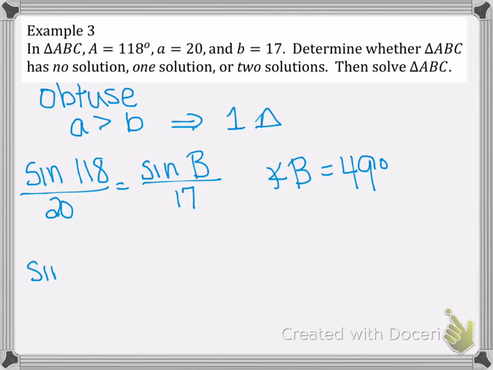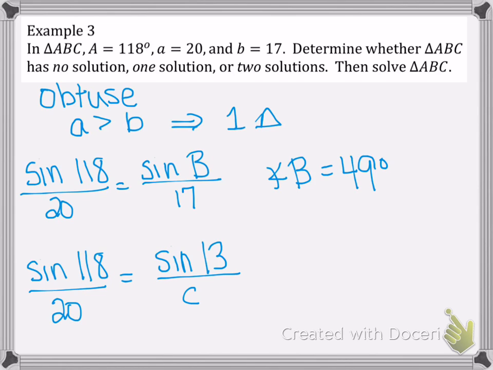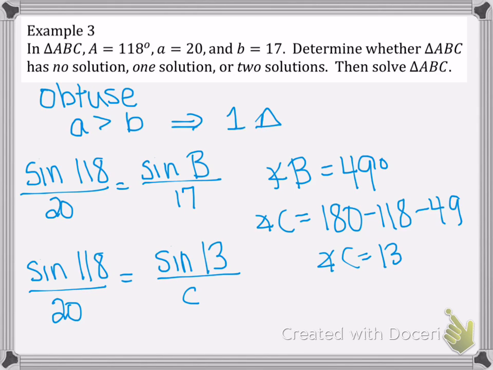And then the sine of 118 over 20 would equal the sine of 13 over C, because to get angle C, all I did was 180 minus 118 minus 49. So that's why angle C is 13 degrees. And that means side C is 5.1.